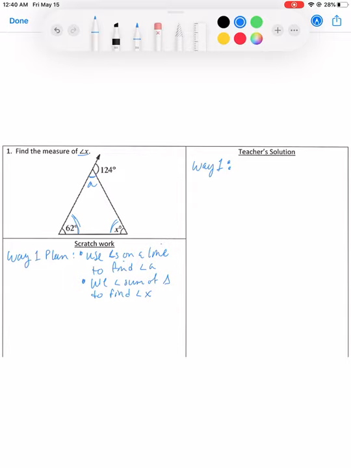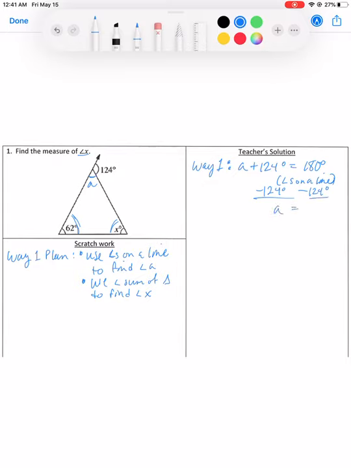Now if I'm going to use angles on a line, then I need to write this as a sum. Same thing with angle sum of triangle. So I know that A plus 124 degrees is equal to 180 degrees from angles on a line. And when I do that, I can go ahead and subtract 124 degrees from both sides.